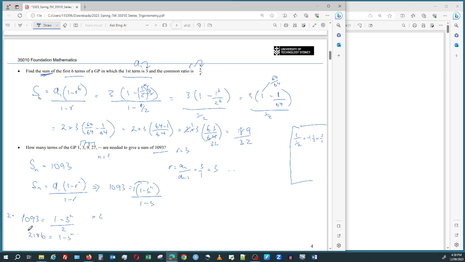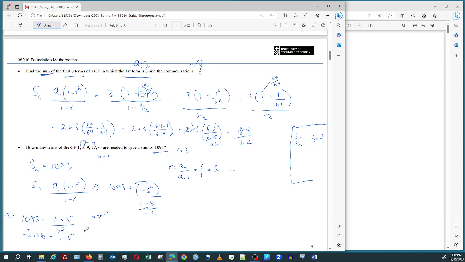Now I might subtract 2 or add. Wait a minute. It's minus 2. 1 minus 3 is minus 2. Be careful. Minus 2. So multiply by minus 2. They will cancel. But this is now minus 2.